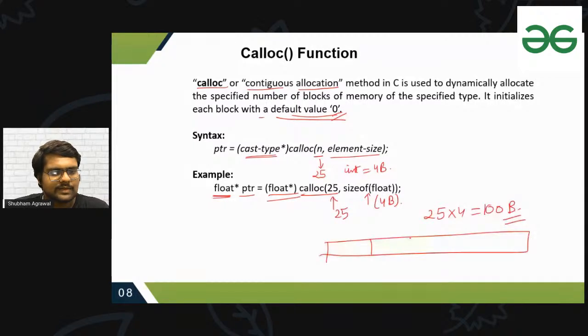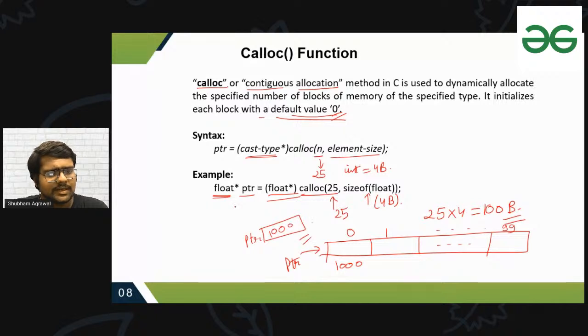PTR will point to the start of it, and suppose its address is 1000, so the PTR value will be 1000. In this way we can allocate a dynamic array, dynamic memory locations.